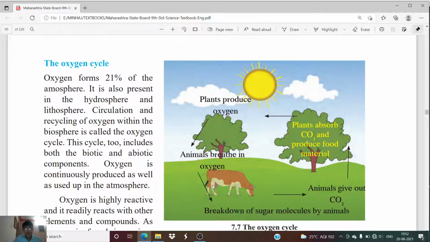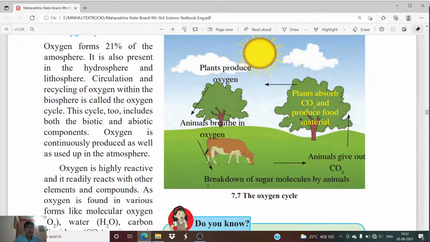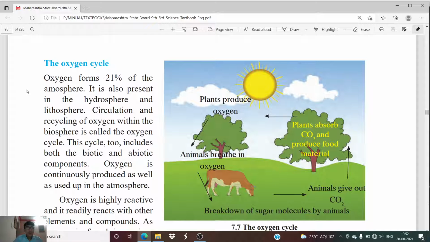In the previous lecture of chapter number 7, that is energy flow in an ecosystem, we have studied about the carbon cycle. Now, in this particular lesson, we are going to see the oxygen cycle and the nitrogen cycle. As we know, oxygen is a very important gas present in the atmosphere.